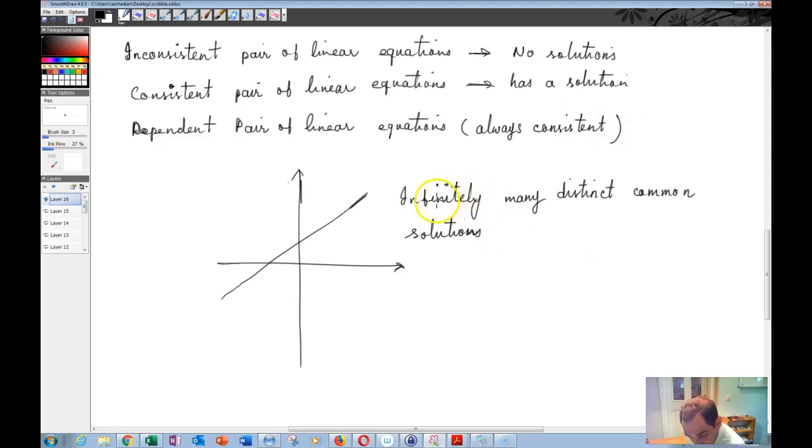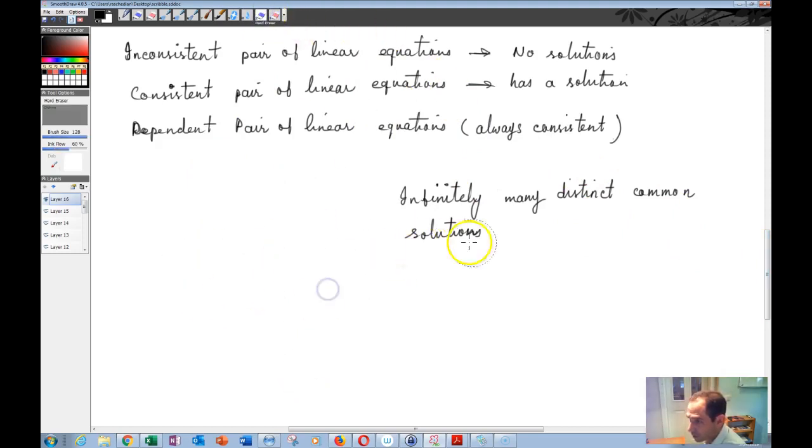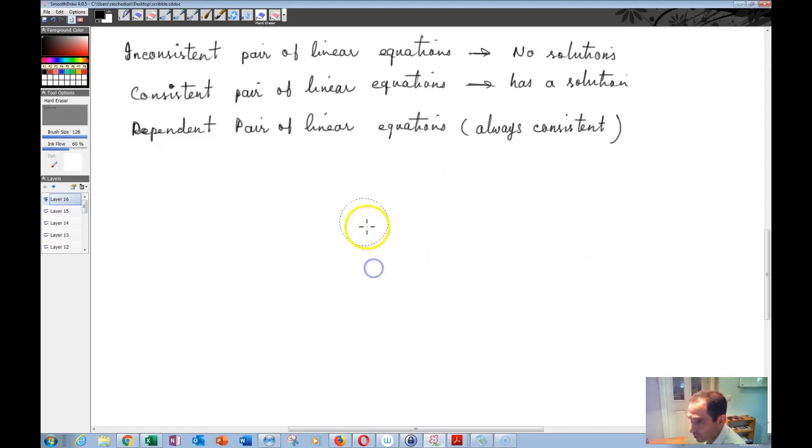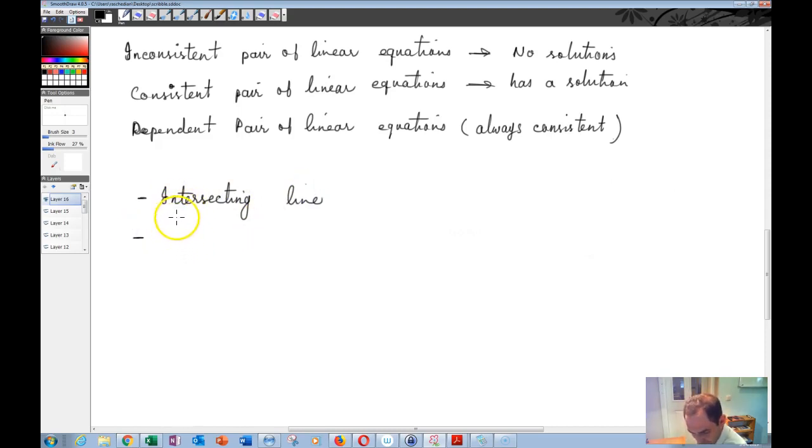Now in order to summarize this whole thing, what we can say is that we had three different cases: intersecting lines, parallel lines, and coincident lines.